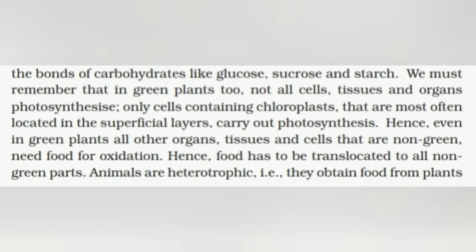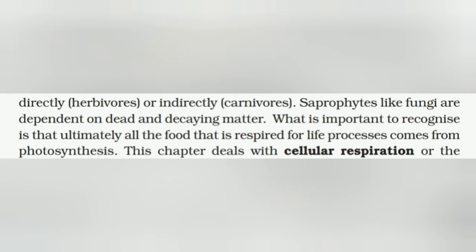We must remember that in green plants too, not all cells, tissues, and organs photosynthesize. Only cells that contain chloroplasts, that are most often located in the superficial layers, carry out photosynthesis. Hence, even in green plants, all other parts that are non-green need food for oxidation. Hence, food has to be translocated to all non-green parts.